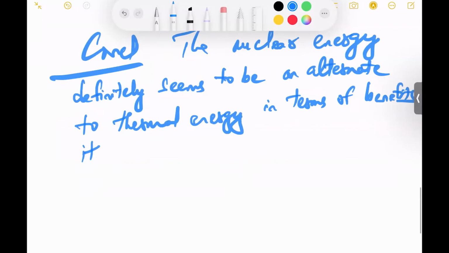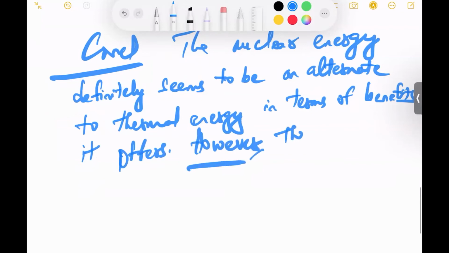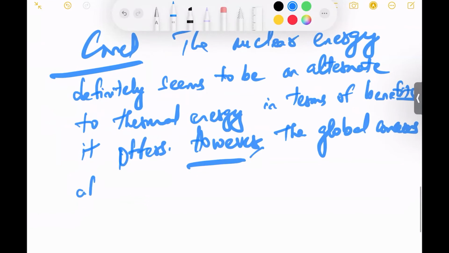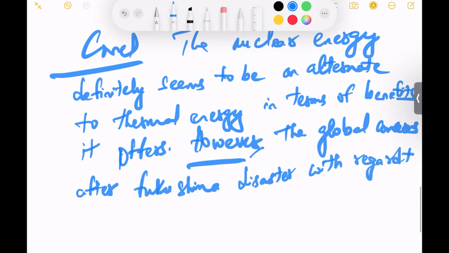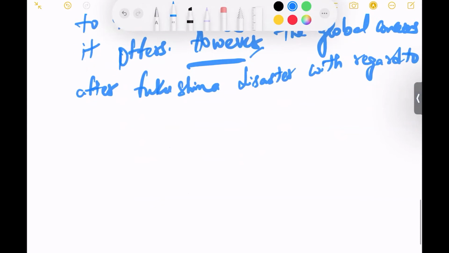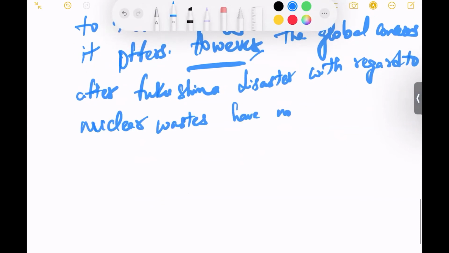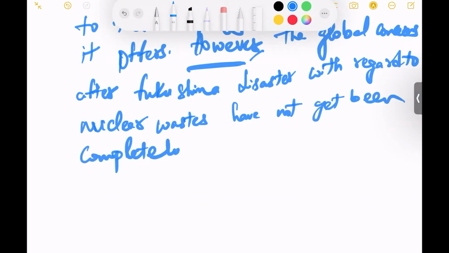However, the global concerns after the Fukushima disaster with regard to nuclear waste have not yet been completely addressed.